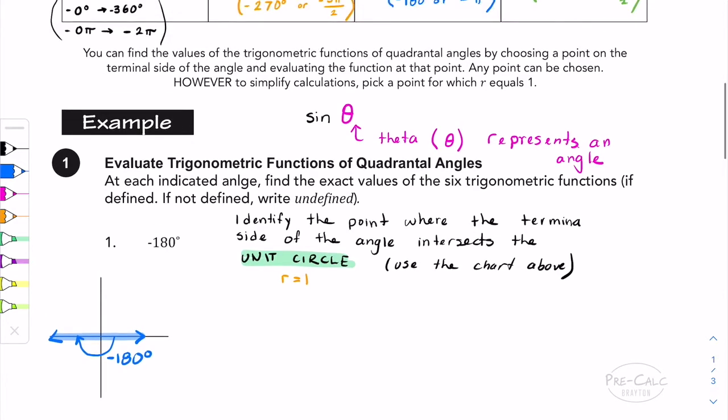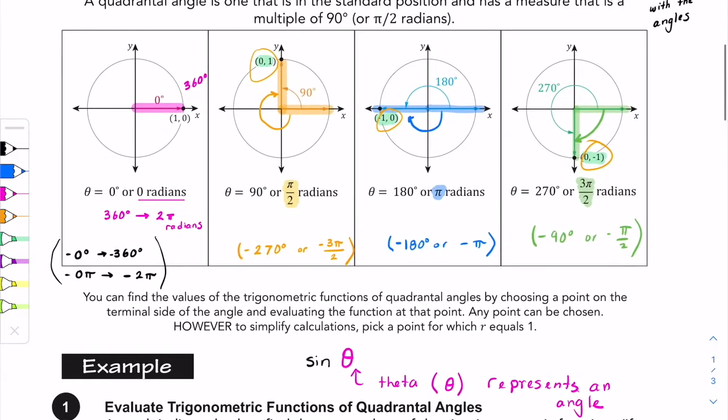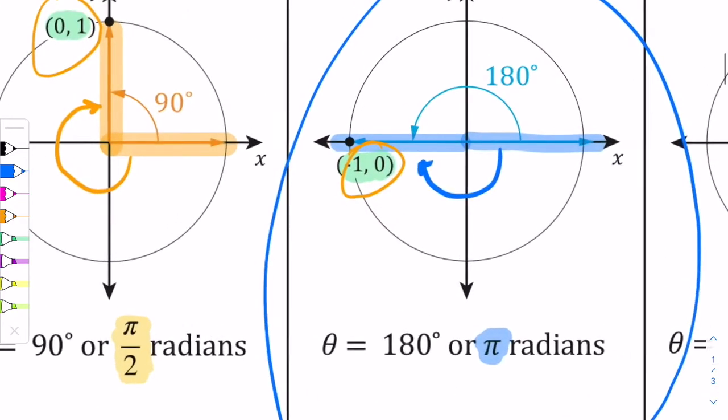If I scroll up to the chart above, here is where negative 180 degrees is, and it looks like the point where that angle intersects this piece, which is called the unit circle, is at negative 1, 0.